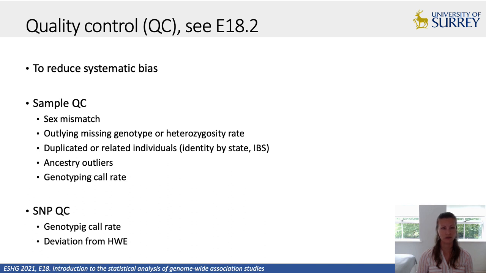We are looking at duplicates and unknown related individuals in our data, ancestry outliers, and also the genotyping quality for each individual. For SNPs we are also looking at the genotyping quality and deviation from the Hardy-Weinberg equilibrium.